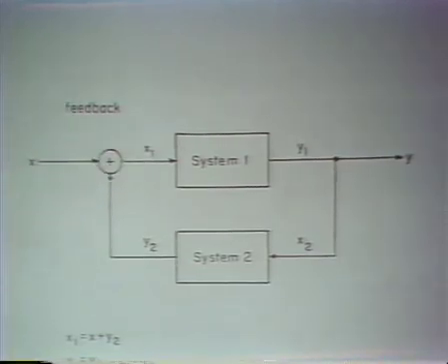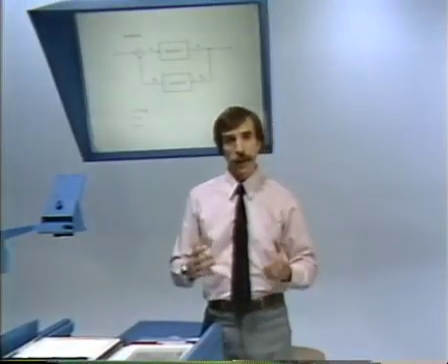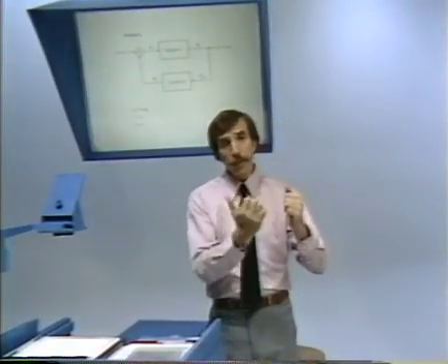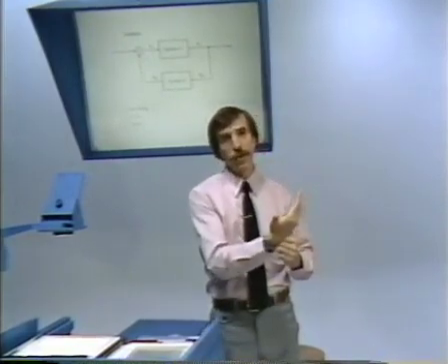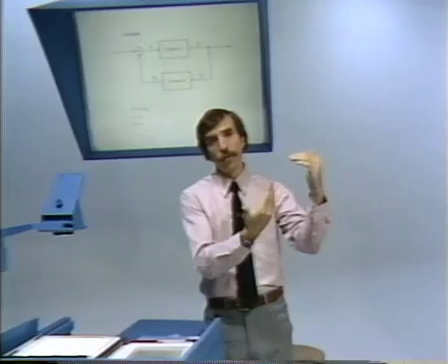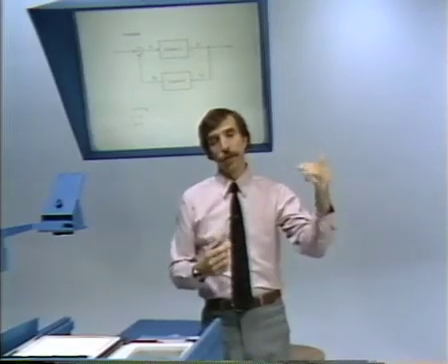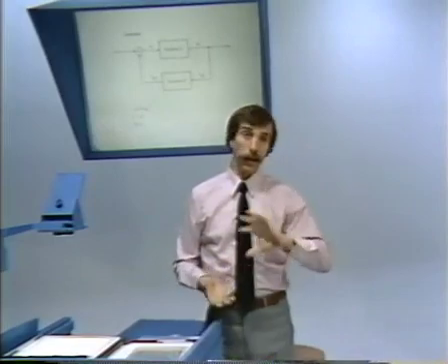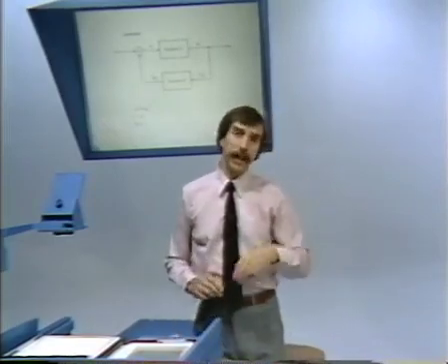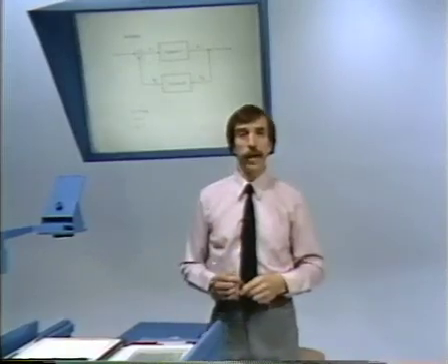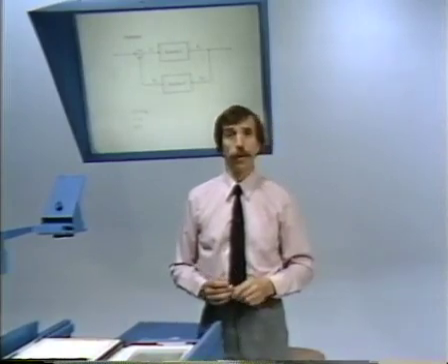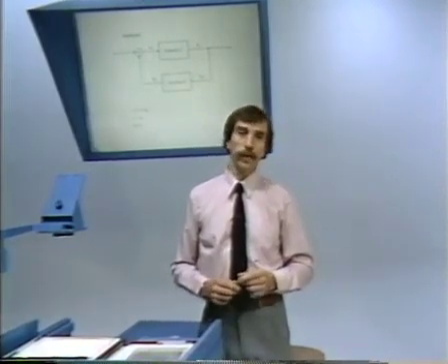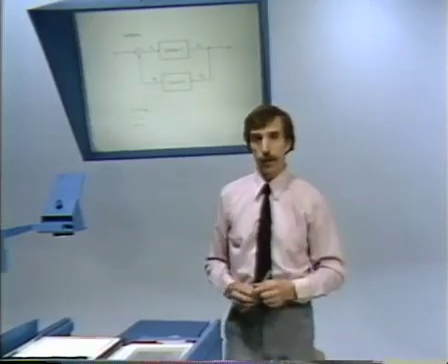So in essence, what happens in a feedback interconnection is we have one system. The output of that system is fed back through System 2, added to the overall input, and then that sum is what forms the input to System 1. And we'll see that there are lots of uses for feedback, and of course also lots of ways that feedback gets in the way. In fact, probably some of you are already familiar with some of the issues in feedback, for example, in audio systems or whatever.